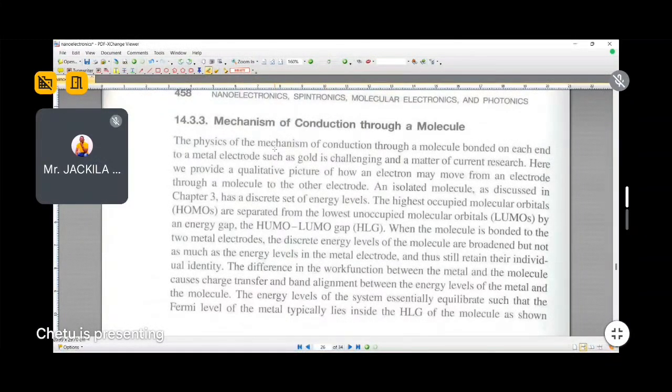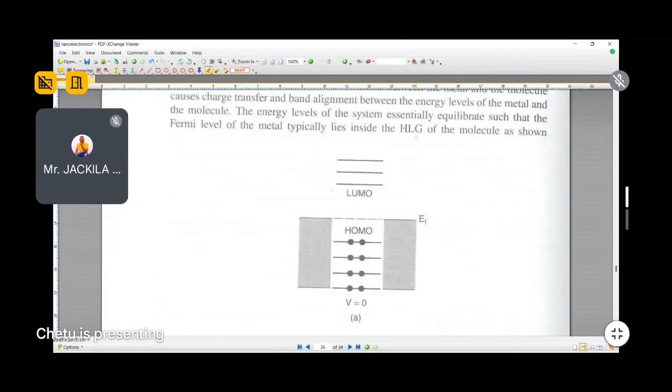So the main thing is how the current passes through the molecule, or how electrons flow through the molecule. The mechanism is very simple. There are two levels in the molecules. One is called the HOMO, which is sort of a valence band, the highest occupied molecular orbitals. So, like atomic orbital theory for hydrogen, in the case of a molecule the quantum mechanical theory used is molecular orbital theory.